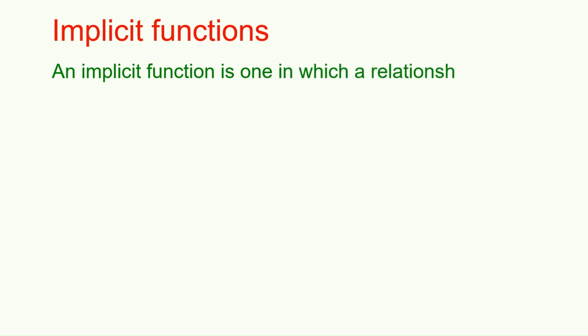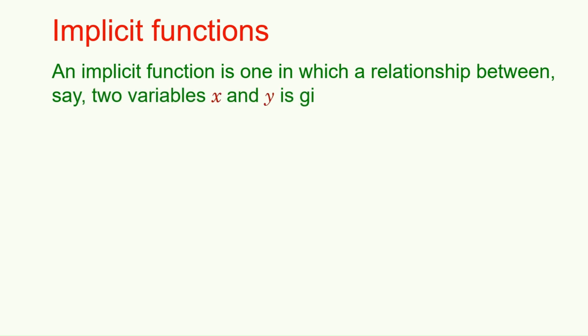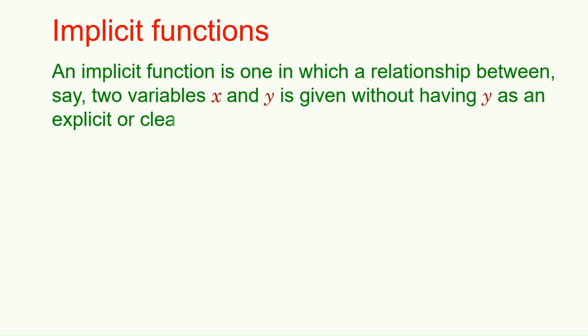Implicit functions. An implicit function is one in which a relationship between, say, two variables x and y is given, without having y as an explicit or clearly defined function of x.